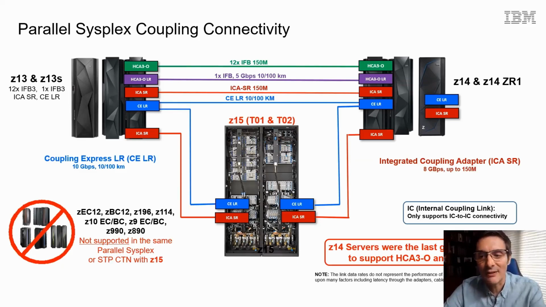Notice that the Z14 ZR1 does still have the same requirements as the Z15 in that it only supports the ICA SR or the CELR. So the bottom line with this chart is that you have a lot of flexibility in how you can set this up so that you can leverage the existing cards that you may still have.